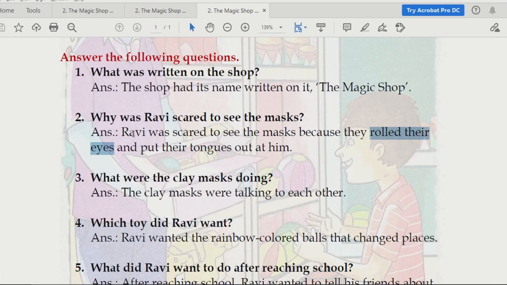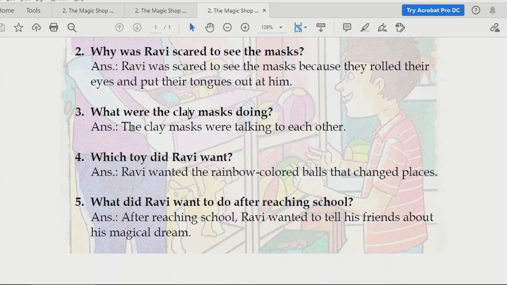So that was what made Ravi scared. The third one, what were the clay masks doing? I had explained to you the clay masks were talking to each other. Please note, the clay masks were not noticing the boy Ravi. They were only talking to each other, with one another.